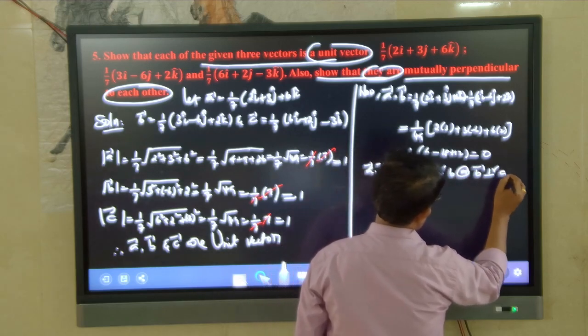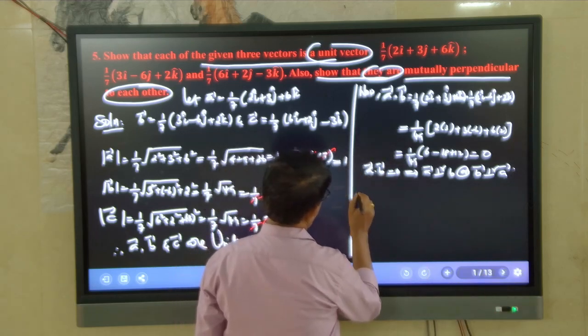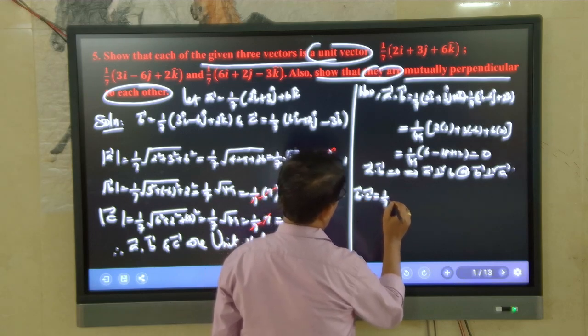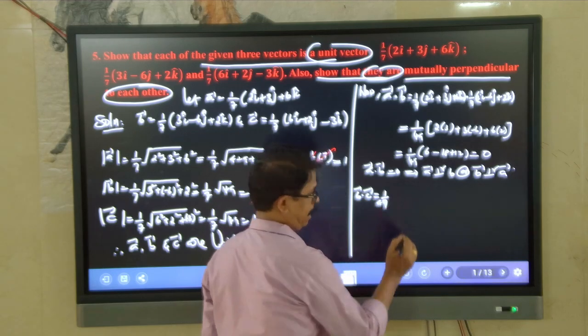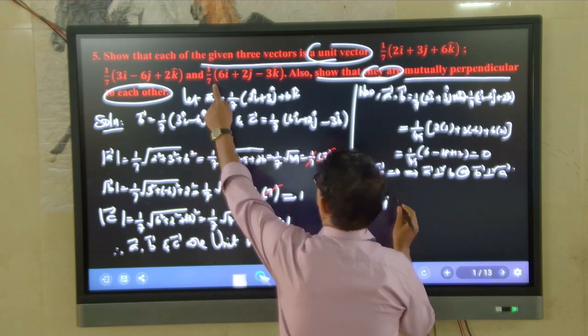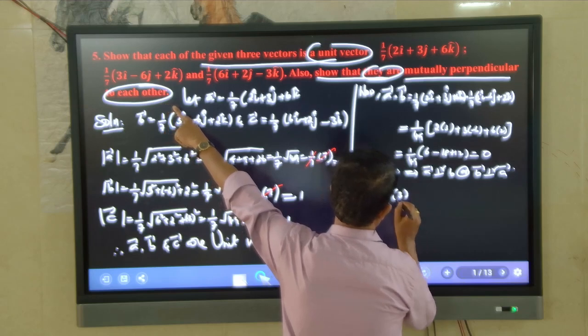to A, correct? And next, B dot C: 1 by 7 into 1 by 7, 1 by 49, correct? Understood? Now multiply. What is B vector here? 3 into, what is C vector?